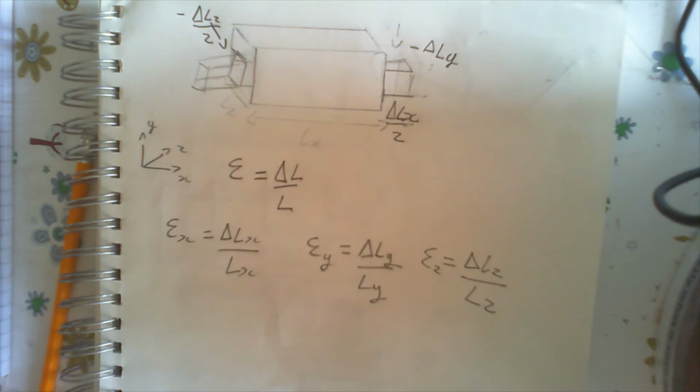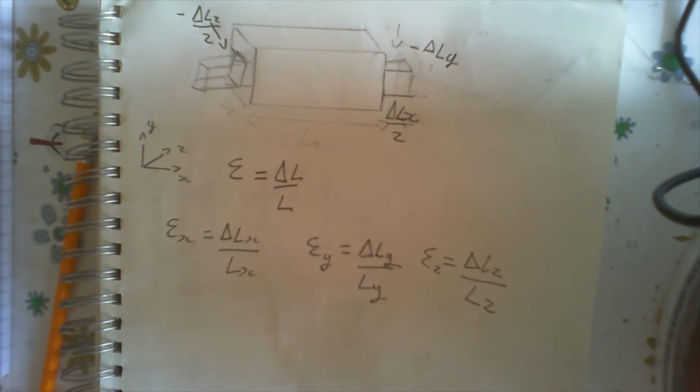Now materials that we call isotropic, it means the strain is equal in all directions, and this depends on the type of material it is and if it's uniform, and if it has flaws or whatever would affect this.